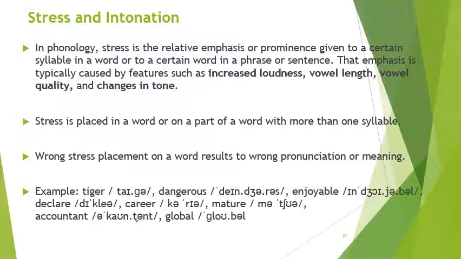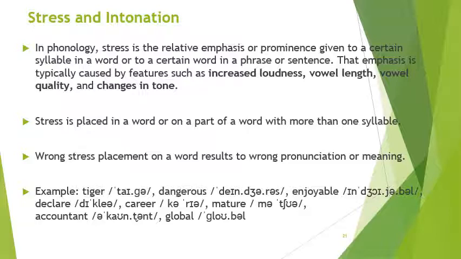That is to give prominence or emphasis to one syllable in all the 8 syllables, to increase the loudness, the vowel length, or the vowel quality, or changes in tone. All the other 7 syllables are what? Not stressed.